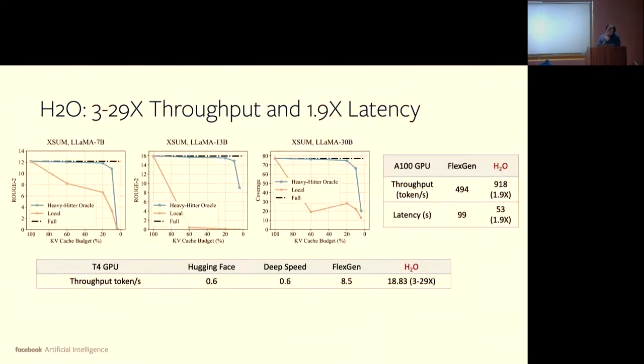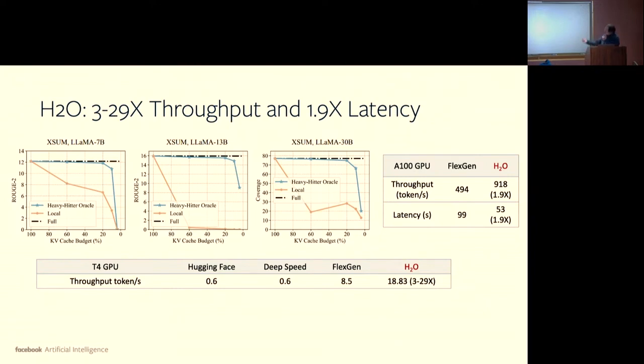And you actually see very good performance, right? You only keep 20% of the KV cache tokens, and surprisingly, you have almost the same performance in multiple benchmarks. If you only keep local tokens, it drops a lot. But if you keep only heavy hitter tokens, it gives you very comparable performance until you drop more than 80% of the KV cache.